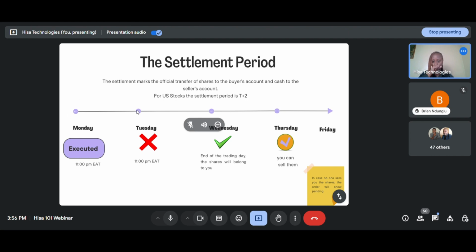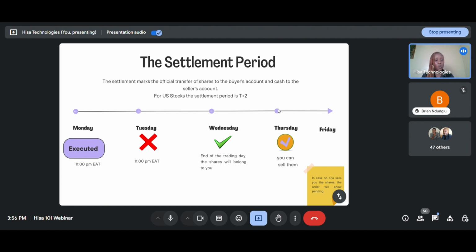Wednesday at 11 p.m., at the end of the trading day, the shares will legally belong to you, meaning that on Thursday, once the market opens, you can sell your shares.